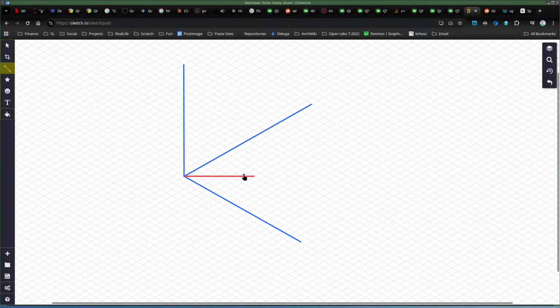I'm purposely going to rotate this thing. Let's move it a little bit, like so. So perpendicular to that is something like this, I guess. But then in both directions.